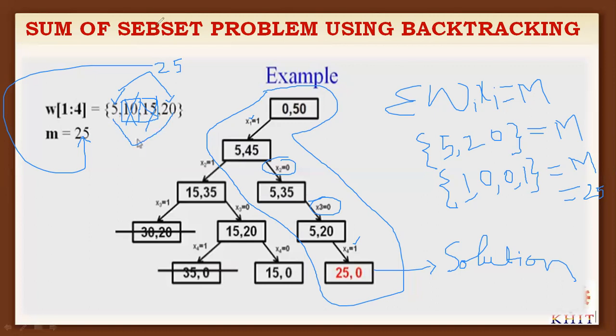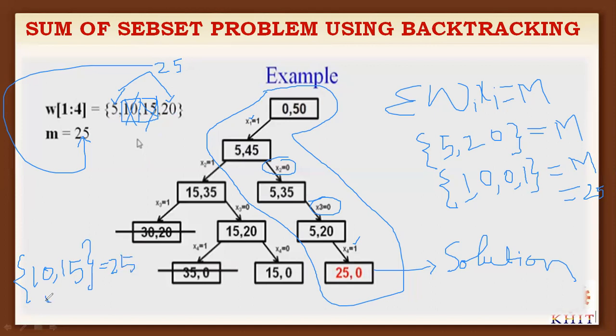Sorry, one more solution is if you select the items with weight 10 and weight 15, you will get total weight 25.